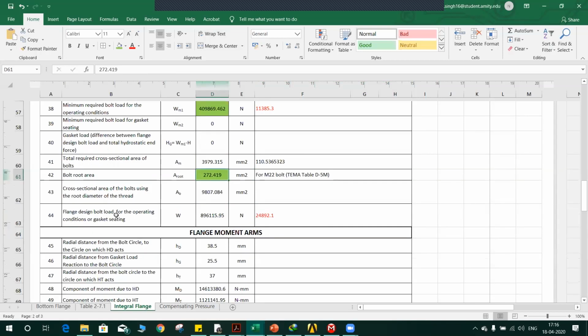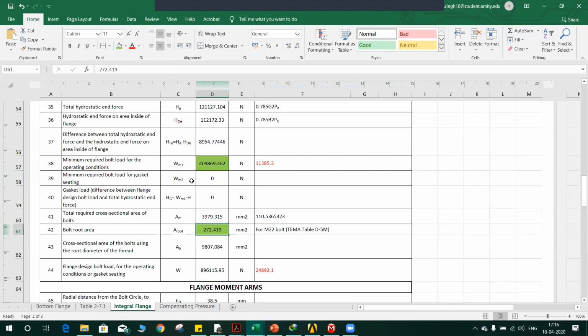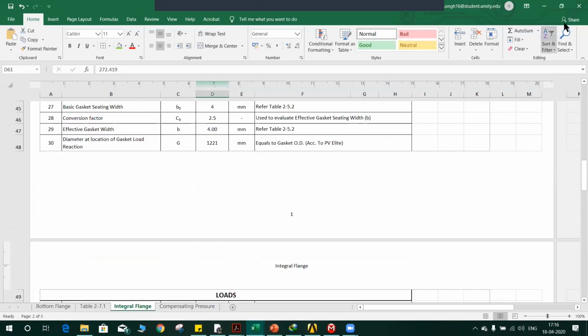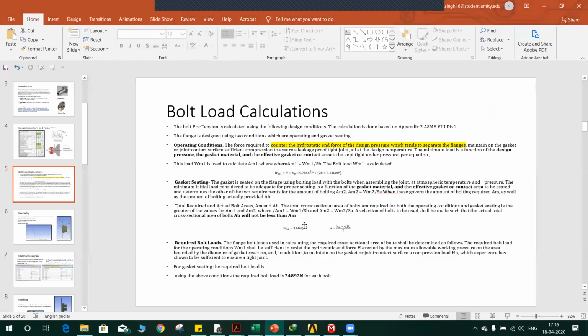Now the flange design bolt load comes out to be the greater of the WM1 and WM2. I would also like to tell you that WM2 is coming here 0 because I am using a self-energizing gasket in which the Y is 0.